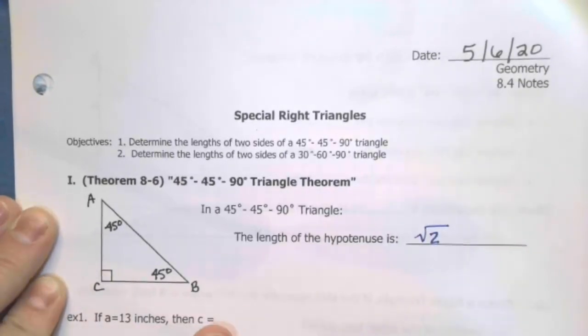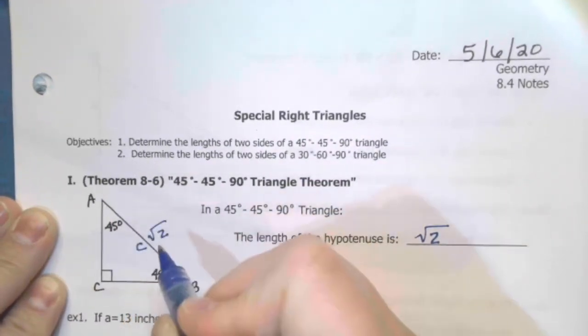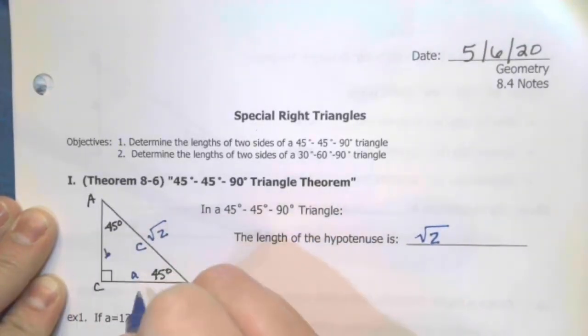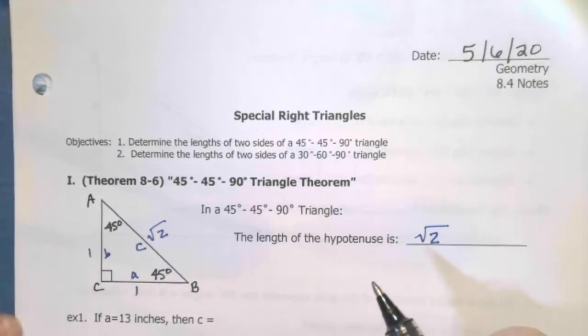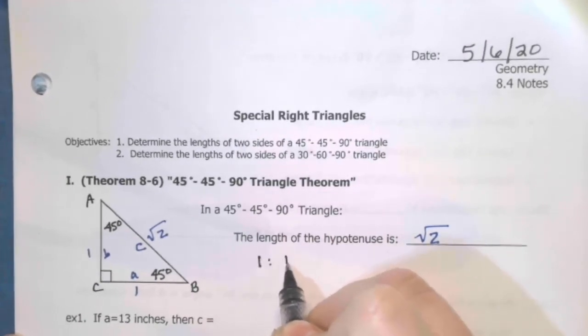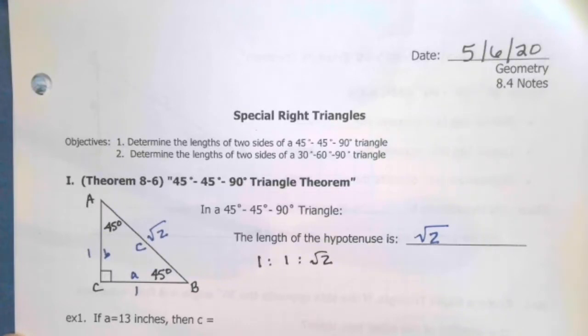So in the smallest 45-45-90 triangle, the hypotenuse C is square root 2, and sides A and B, which are the same length, are both 1s. So putting our side lengths into a colon form, we have length 1, length 1, and length radical 2.